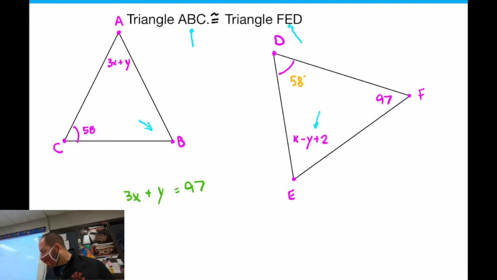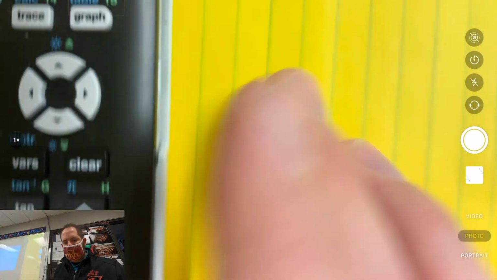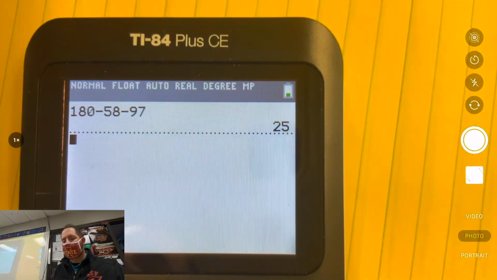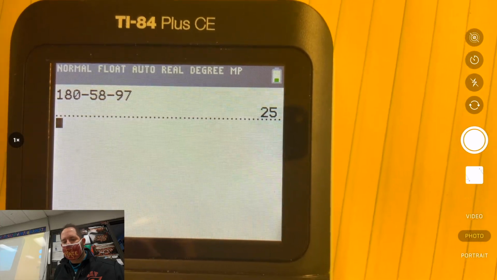I'm going to take away the 97, and it leaves me with the 25. So this angle here is 25 degrees. And that's the same as this angle down here. This is 25 degrees as well. Again, just so you know how I did that: I took 180, subtracted the two angles they provided me, and that's what gave me that third angle there.